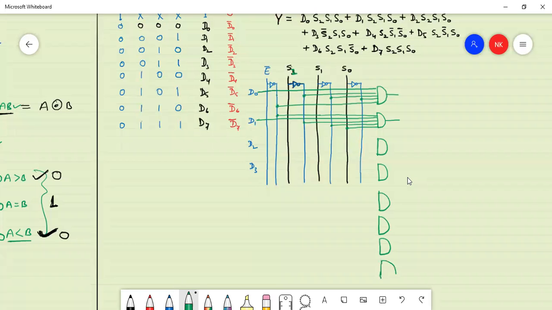So we will have these 8 AND gates, and we will have the outputs from all these AND gates, and the outputs of these AND gates will be ORed together. We will take the OR of all these outputs, because according to the expression we need an OR gate.